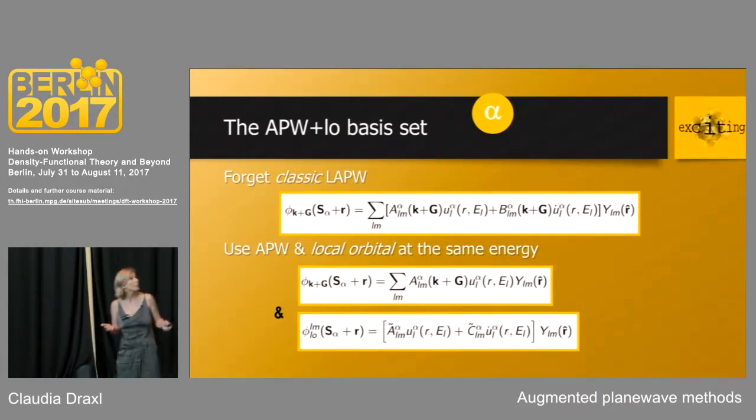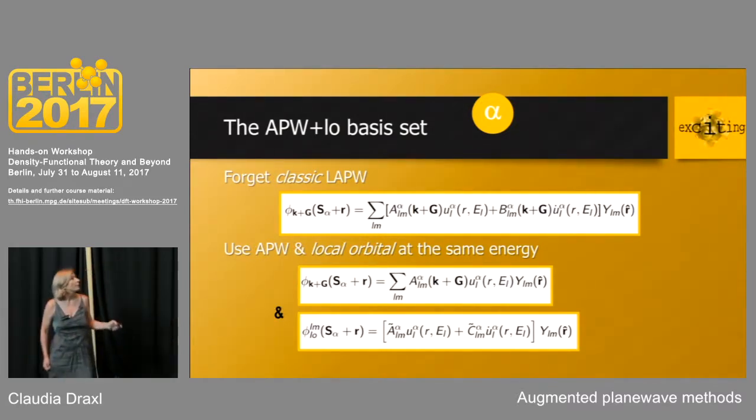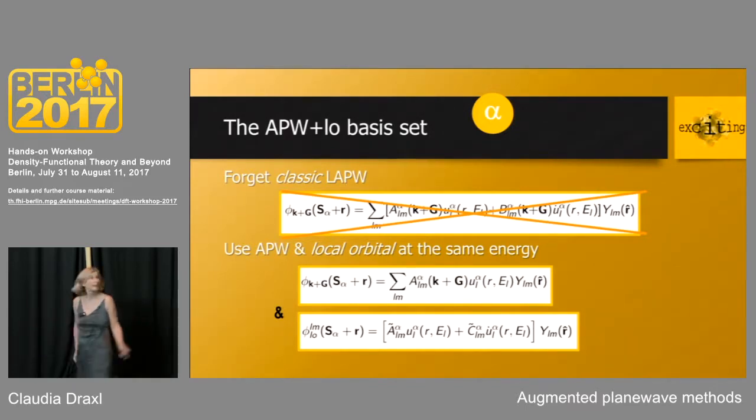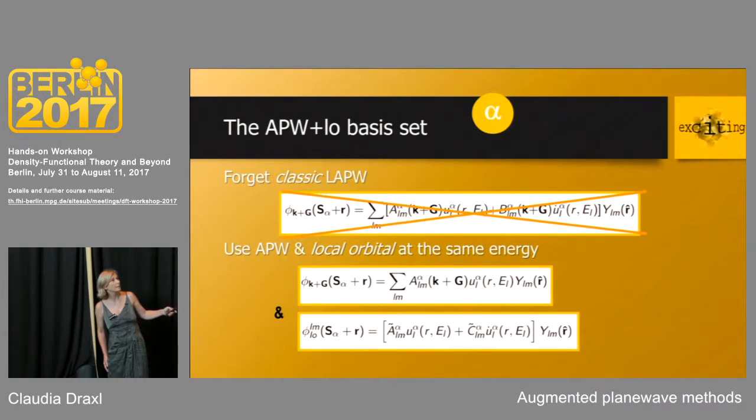It just serves the purpose to making these basis functions more flexible. So we ended up having our APW basis, but now for fixed linearization energy and local orbitals to make this basis more flexible and to guarantee that whatever goes wrong by using the linearization energy here will be cared about by this local orbital.